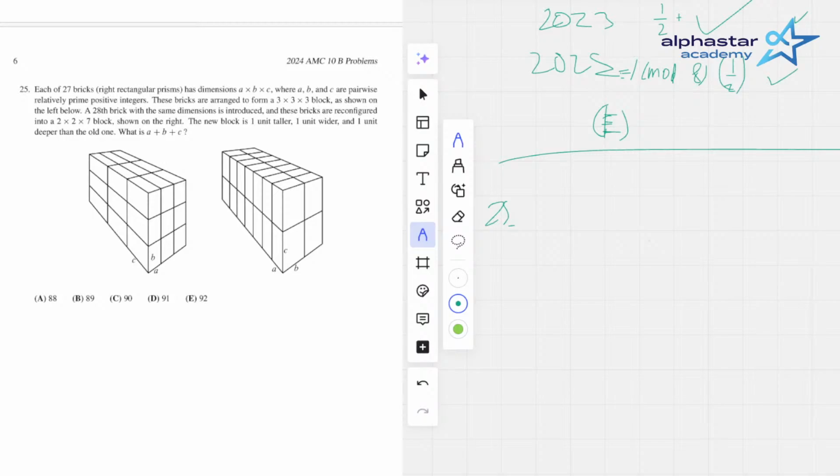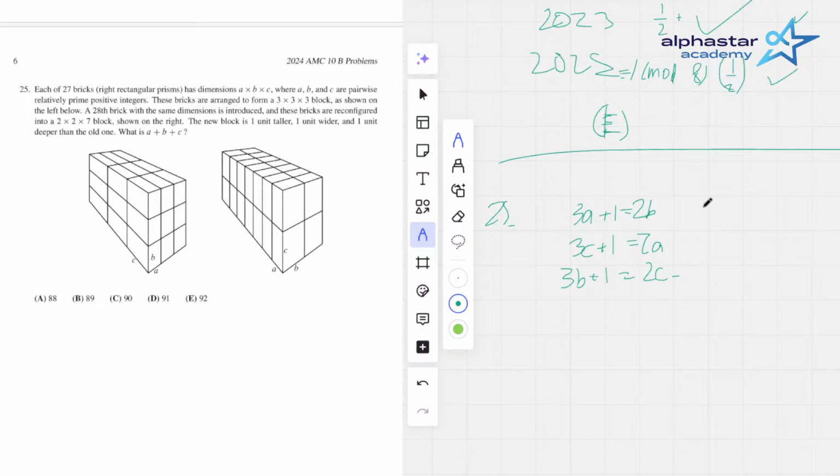Can you just say like 3a plus 1 equals 2b, 7a plus 1, sorry, 3c plus 1 equals 7a, and finally 3b plus 1 equals 2c, and then we just solve.